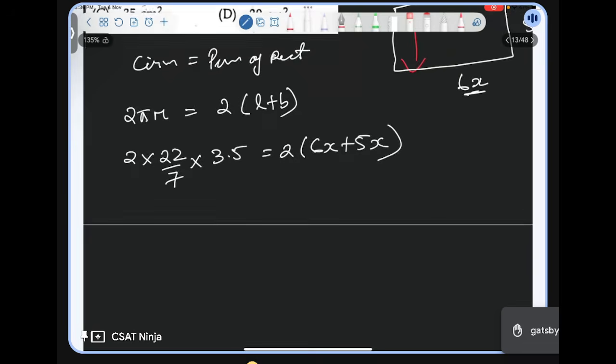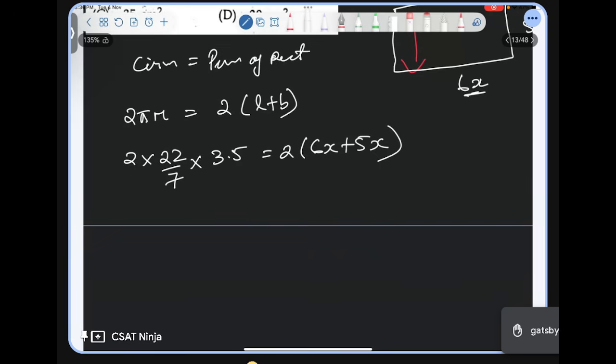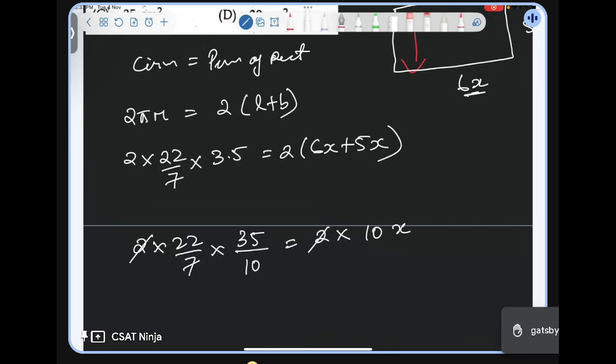If you simplify this, 2 into 22 divided by 7 into 35, since 3.5 can be written as 35 divided by 10, I'm removing the point here, which is equal to 2 into (6x plus 5x), that is 10x. The 2s cancel each other.